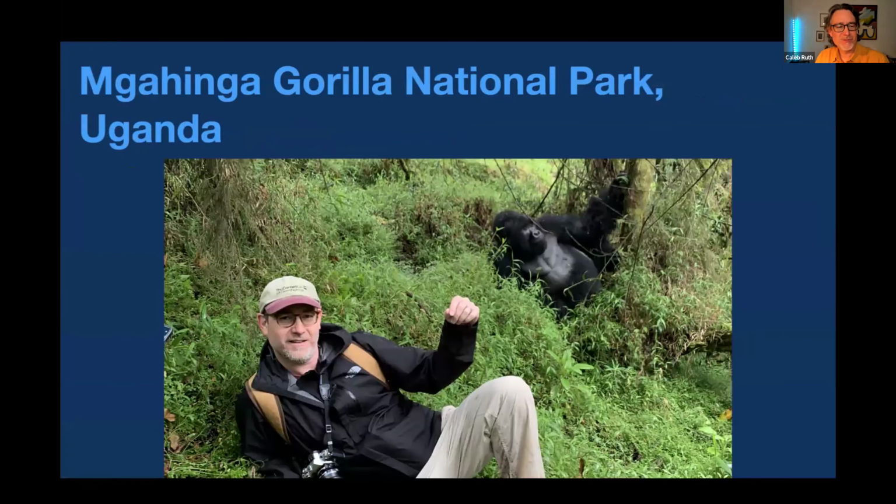There are advantages beyond the reward of the work itself. Not very far, a few hours' drive from Chamalibwa, is the Mgahinga Gorilla National Park in Uganda, where I got to hike pre-dawn in the rain, up through the jungle, up the mountainside for a few hours, with a bunch of tourists, but also a bunch of Army soldiers who were our guides.